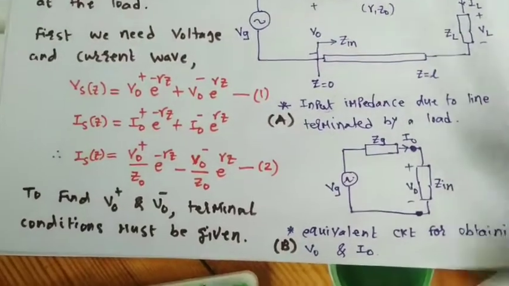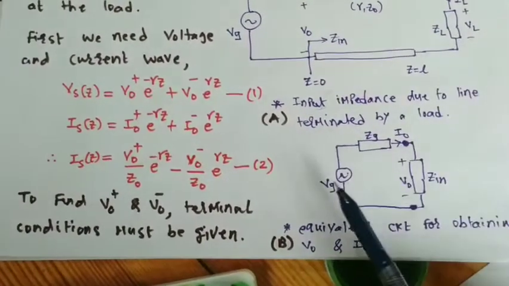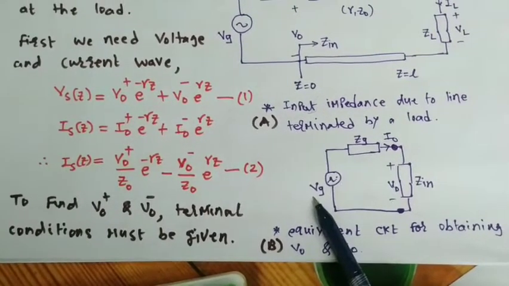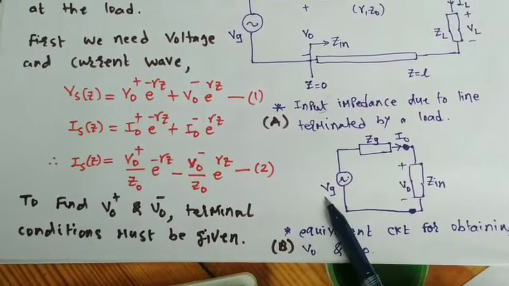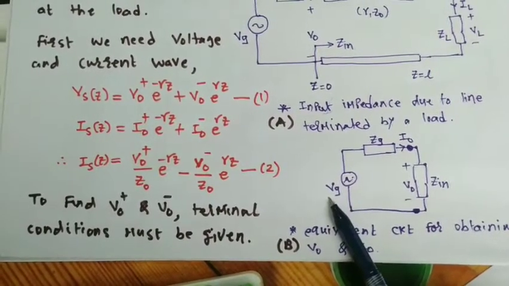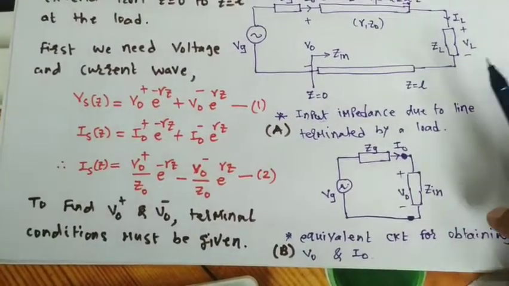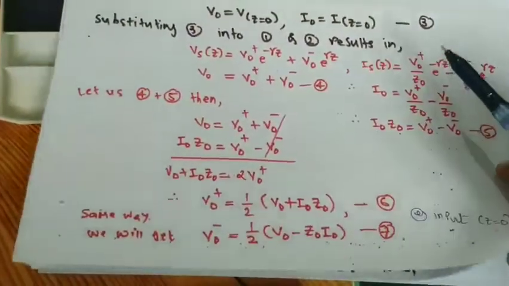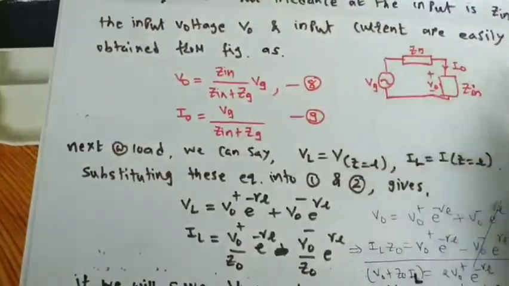From this figure, if you apply simple network analysis rules, the voltage divider rule, you can easily calculate V0, and using simple Ohm's law you can calculate I0 also.